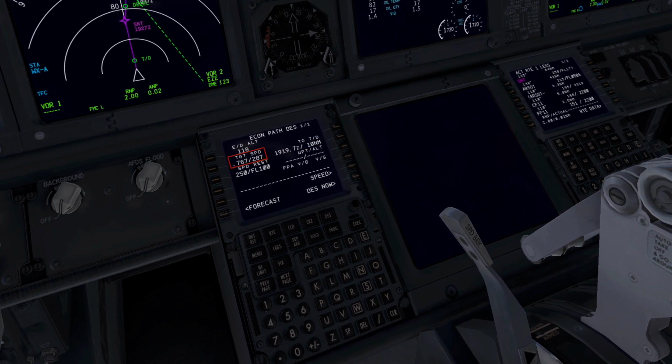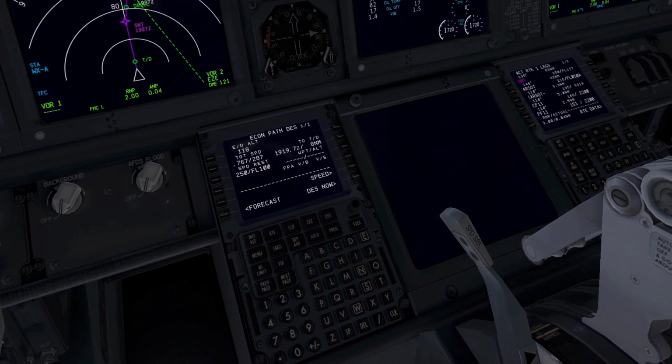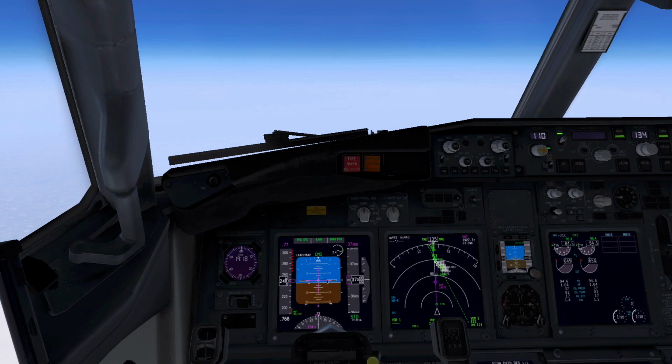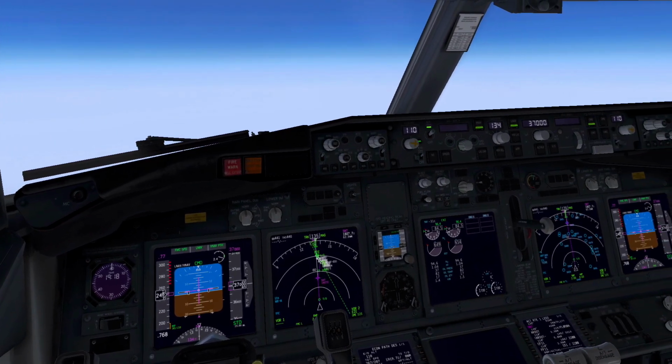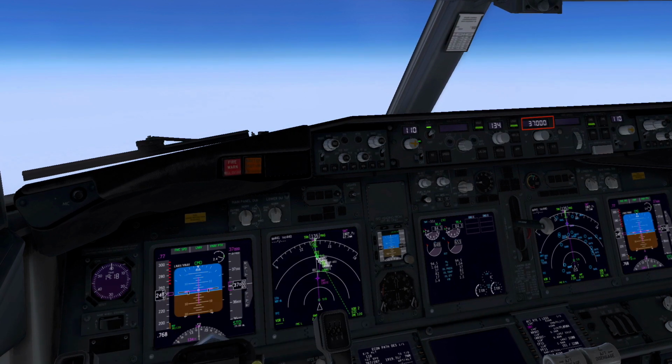We have our target speed, which says the planned speed for our descent, and below we have the speed restriction, which is usually 250 below flight level 100. However, we can change that however we want. The MCP, we have our flight level 370 set, so VNAV is not going to descend below that MCP altitude. It will respect that.